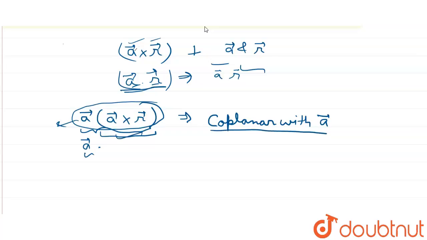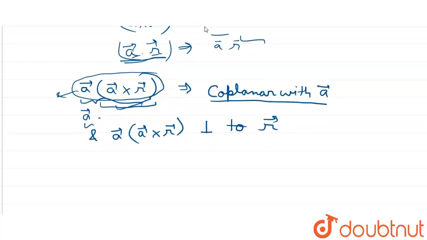Also, a vector cross r vector, this vector is perpendicular to r vector. How? See, a vector cross r vector, the output of this will be perpendicular to both a vector and r vector, and here this is scalar multiplication, so dot multiplication.